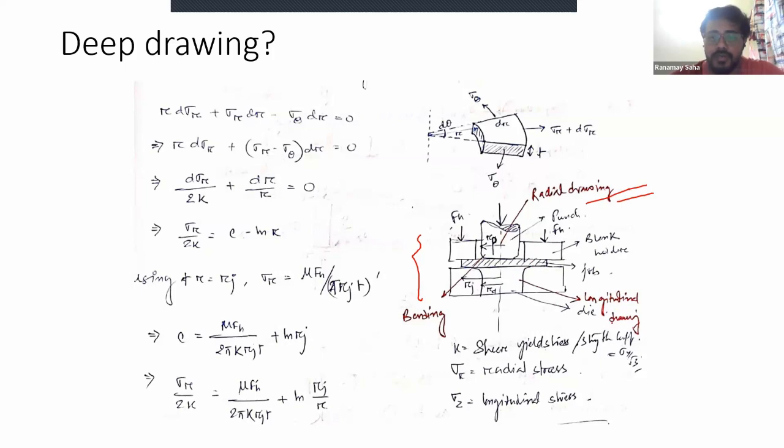So this is the actual longitudinal die drawing. The shear strength coefficient k is almost equal to sigma y divided by √3. Sigma r is the radial stress, sigma z is the longitudinal stress.